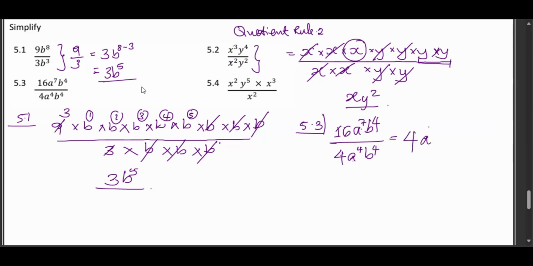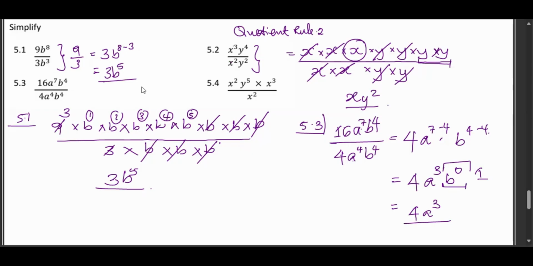So it will be a to the power 7 minus 4, times the b on top minus the b on down. These have the same. So here we remain with 4a to the power 3, b to the power 0. Remember, each number or letter to the power 0, you get a 1. So this is our 1. So the answer here becomes 4a cubed. That is the answer.